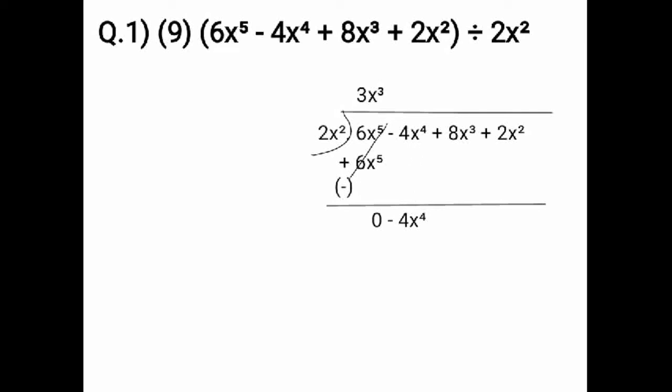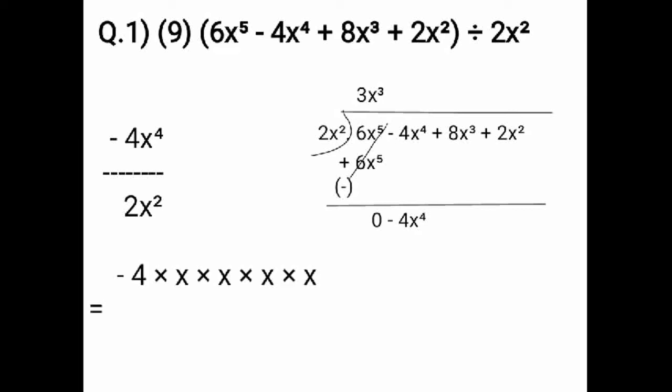Now you have to divide minus 4x raised to 4 by 2x square. After dividing first term, you have to take second term, and after you finish dividing second term, then you have to take third term. This way you have to go. Minus 4x raised to 4 upon 2x square. Write multiplication form.